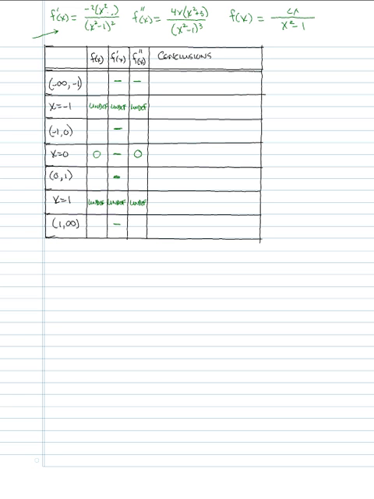So when I test this, I'll get a positive value for my second derivative. Then when I test between 0 and 1, using something like 1/2, I get a negative value for my second derivative. And in the interval from 1 to infinity, my second derivative is positive. So now I've got my sign table completed except for my conclusions.